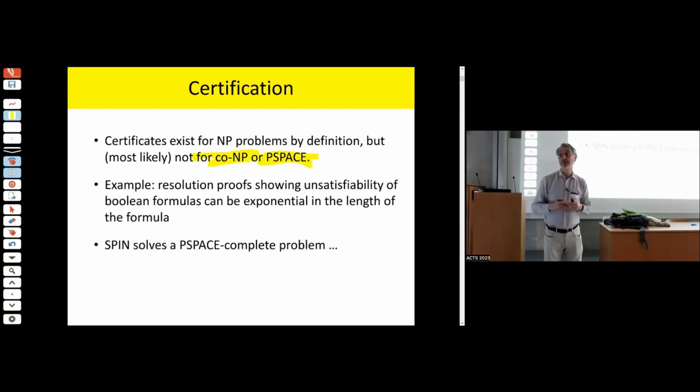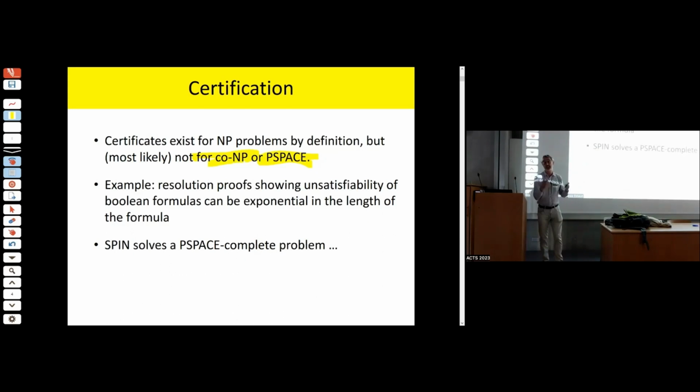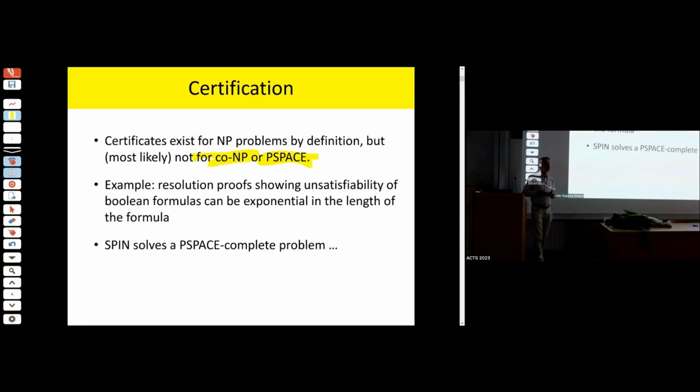But the proof may be, in the worst case, exponentially longer than the formula. Nobody knows how to obtain a certificate of polynomial size, because otherwise you would be proving that NP is equal to co-NP. The same is even worse for PSPACE.